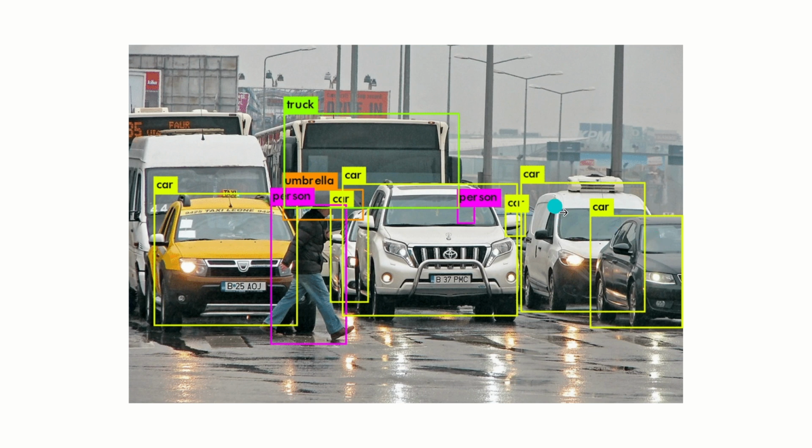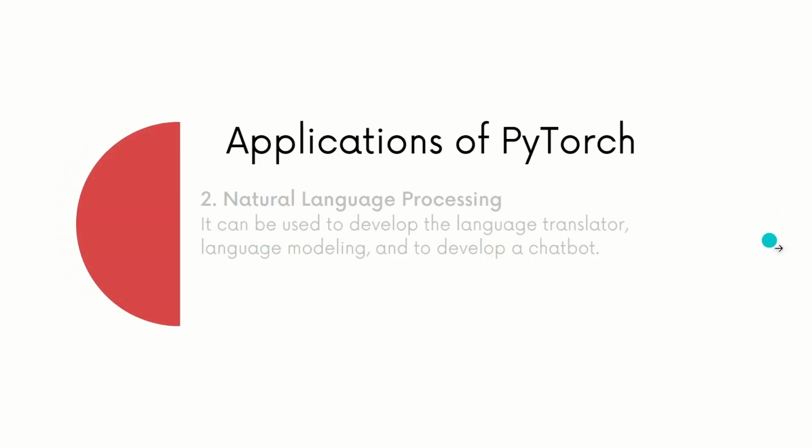Again, a car over here, a person walking. There's an umbrella, yes there is, and also a person inside this car. So whatever the system is able to detect, it is marking over here. That is what image processing is.